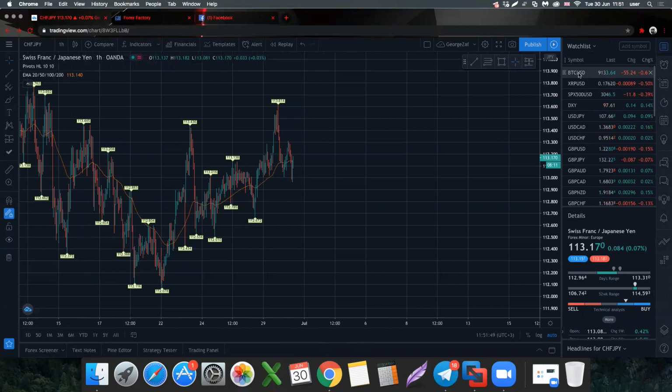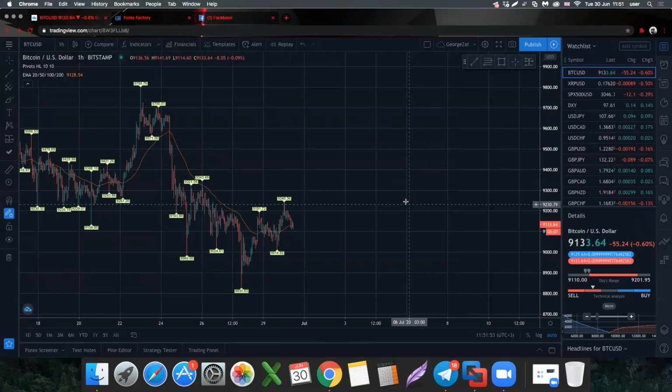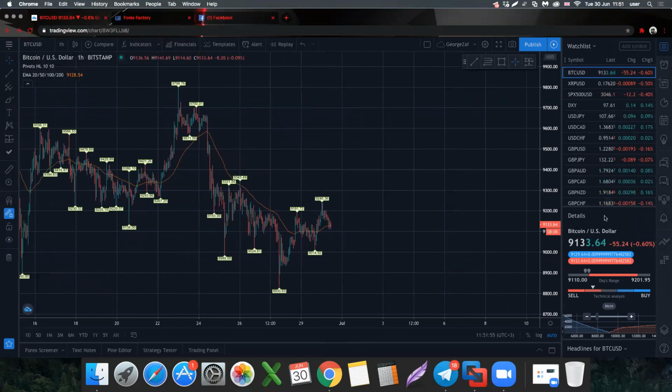So what I'm doing, I open up the pairs here and start checking. This is Bitcoin. We receive the information about the day's range. Today, Bitcoin went from 9,110 up to 9,201, and it's in a sell. The technical analysis says that we are in a downtrend, so we sell.